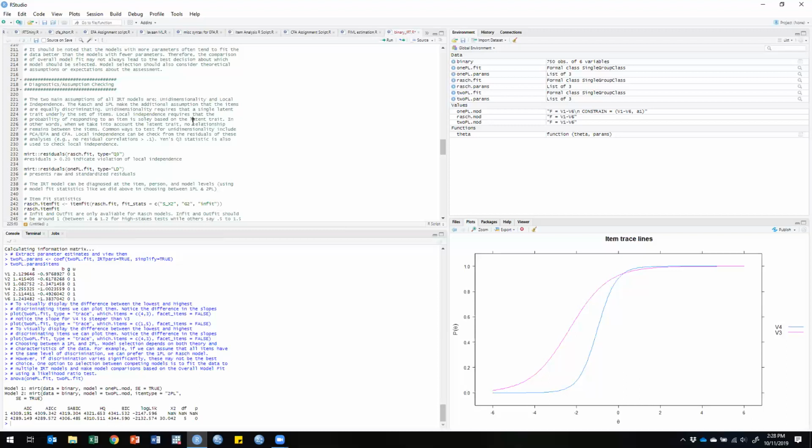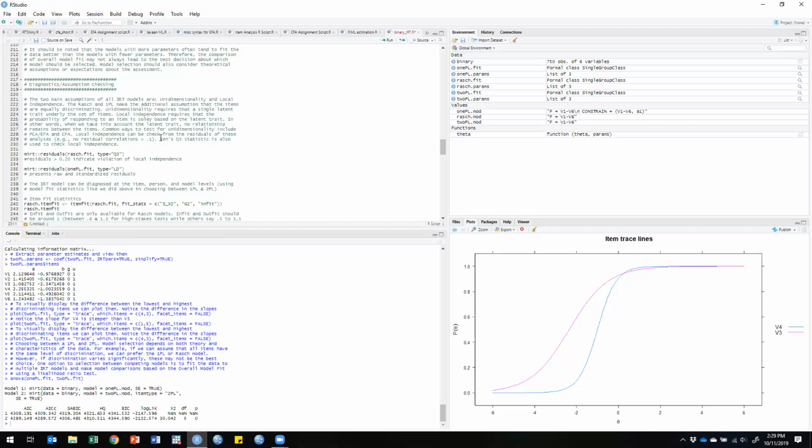For both the EFA and CFA, we could check the local independence assumption from the residuals of those analyses. If the factor explains the relationship among the variables, all the residuals should be pretty low. So we want residual correlations less than 0.1.